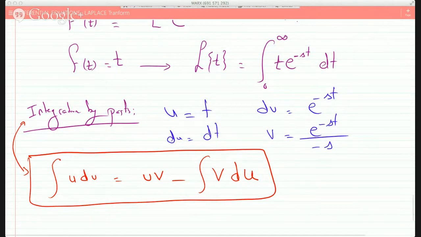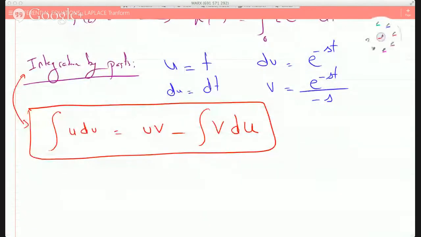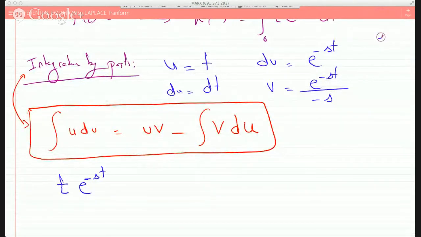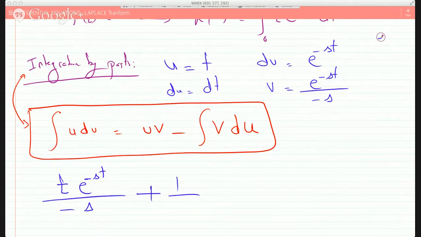So, continuing on integration by parts, uv will be t e to the minus st over minus s, minus the integral of v du. There's a minus s here, so this becomes 1 over s times the integral of e to the minus st dt.